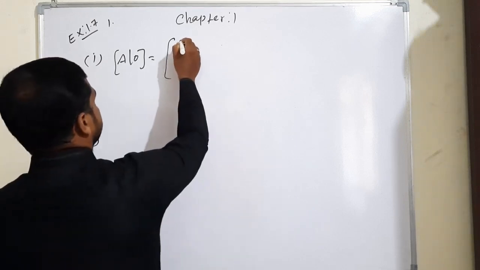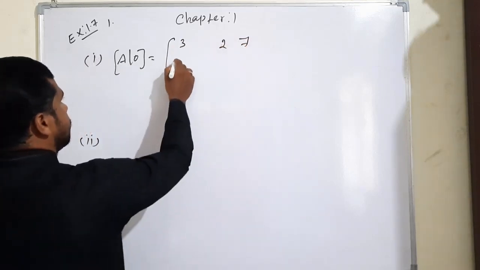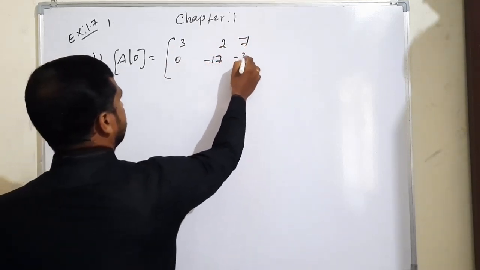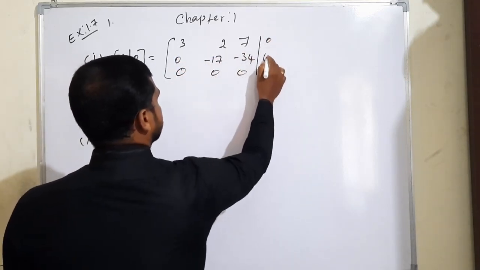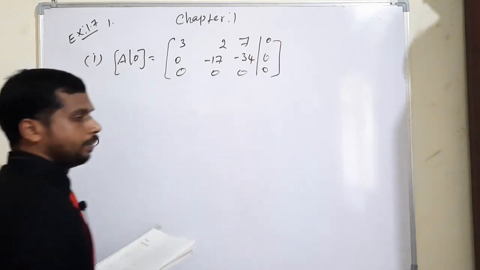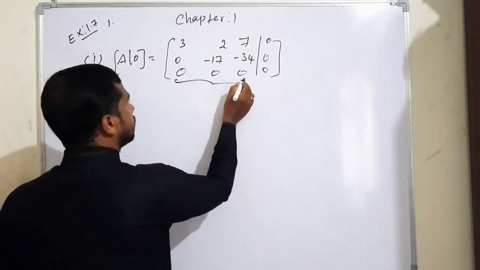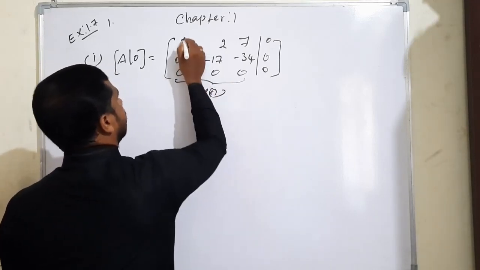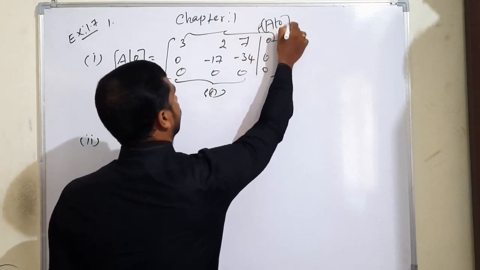So the last line will be 3, 2, 7, 0, minus 17, minus 34, 0, 0. Then what is the final matrix? This is considered for rank of A, and the whole matrix is considered for rank of A with O.